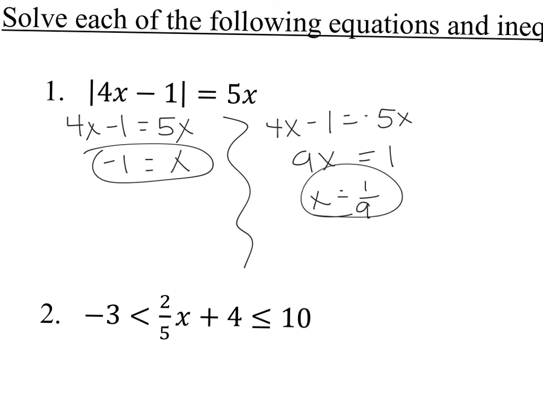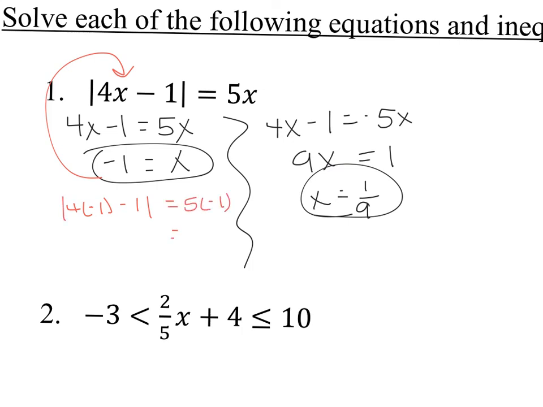Circle. Before you move to your next problem though, you always want to make sure that you don't have any extraneous solutions. So I'm going to take each answer and plug it into the problem and see if it holds. You always plug it into the original equation. So I'm going to do the absolute value of 4 times negative 1 minus 1. Does that equal 5 times negative 1?